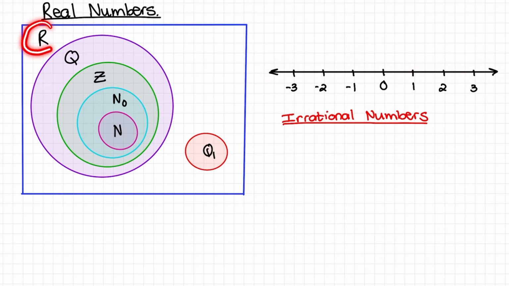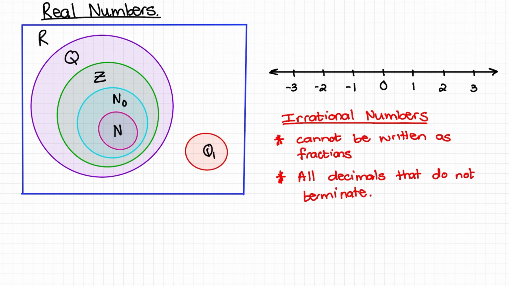And our last subset of real numbers are irrational numbers. So irrational numbers are numbers that cannot be written as fractions, and also includes decimals that do not terminate. An example of an irrational number is the square root of 5. If I put in the square root of 5 on the calculator, I get 2.23606, and that number continues without any real pattern to it.